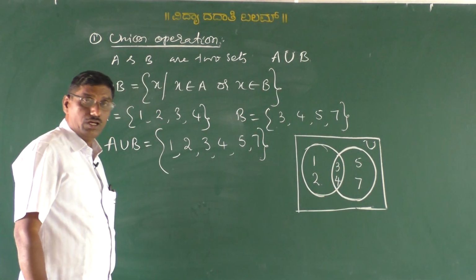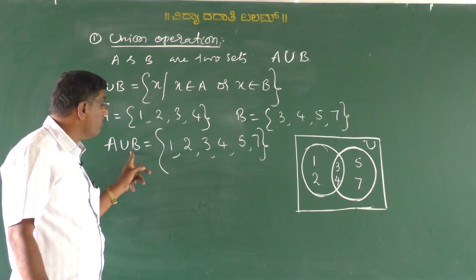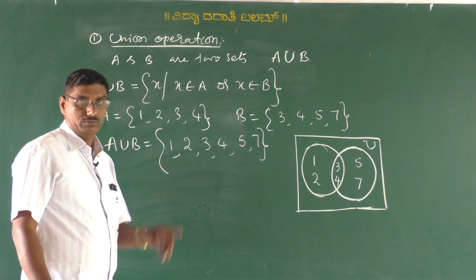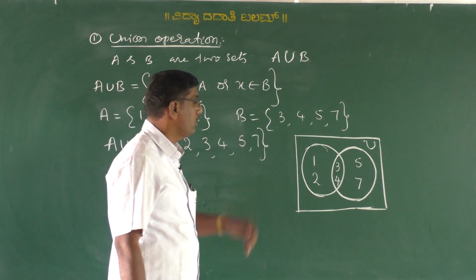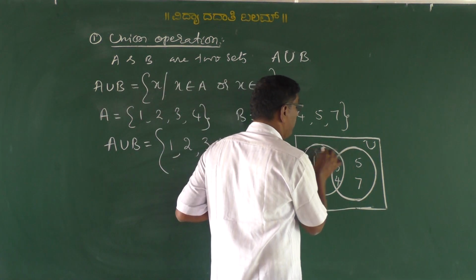Now here we want the union of A and B. That is the elements 1, 2, 3, 4, 5, 7. That means we have to shade.